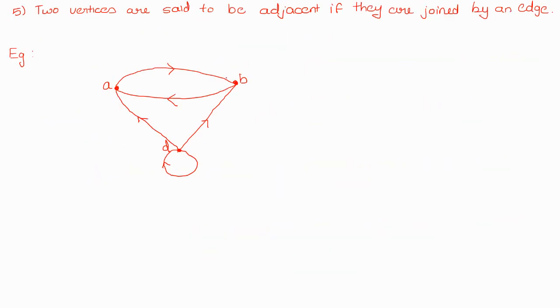So now let us see this graph. If we want to represent this graph in a standard way, what will we do? We represent G as a set of vertices comma edges.